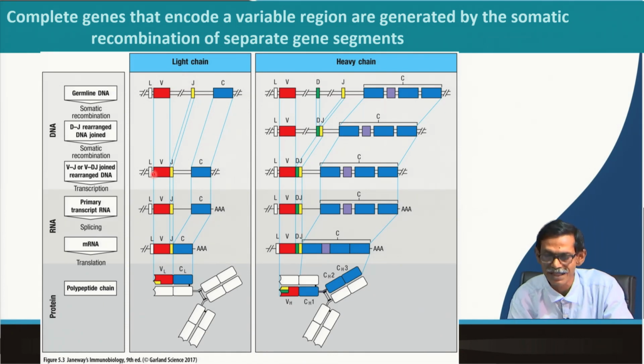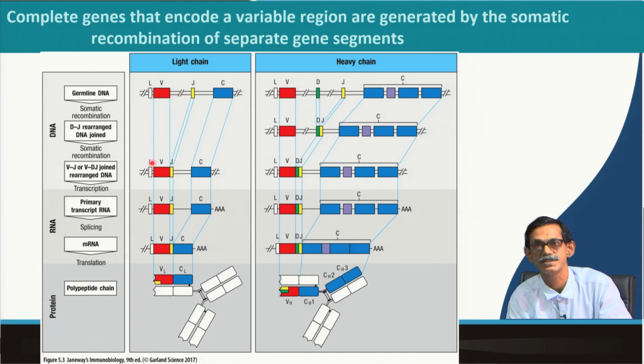Here L stands for the leader sequence or the signal peptide. Okay. So, V and J together make the variable region of light chain.